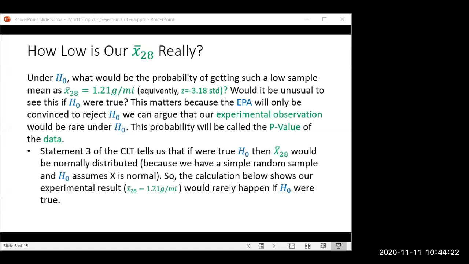So we did not have a big sample, it's under 30, but we don't care because statement 3 of the central limit theorem says, well, if X is normal, then X bar is normal.